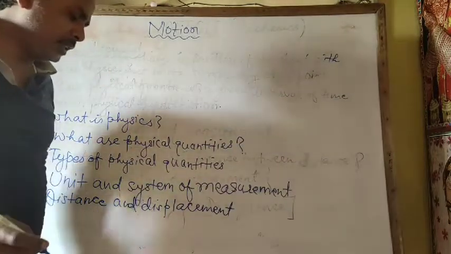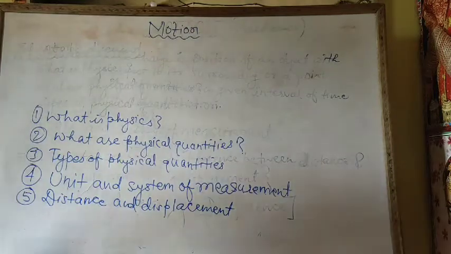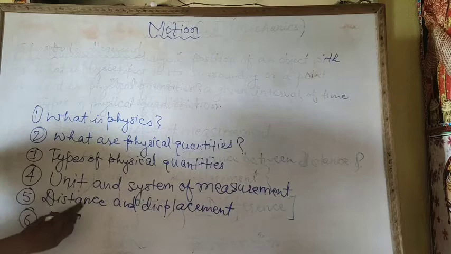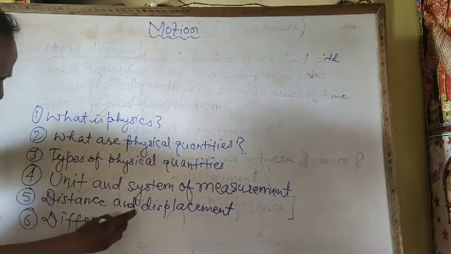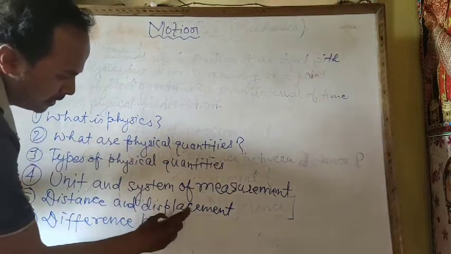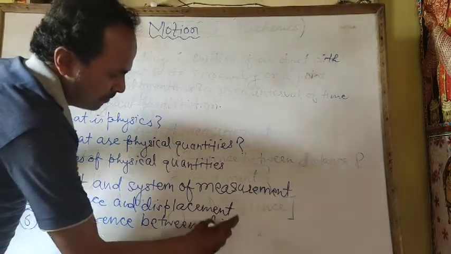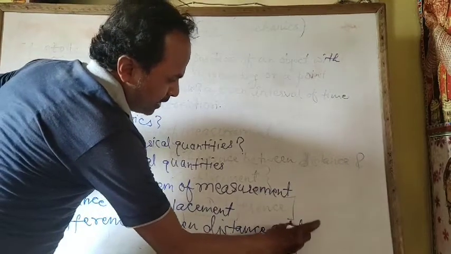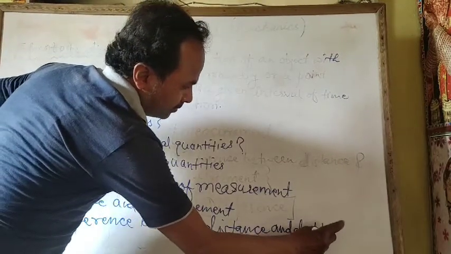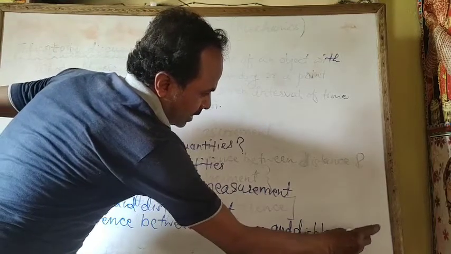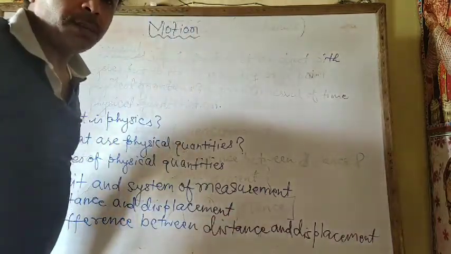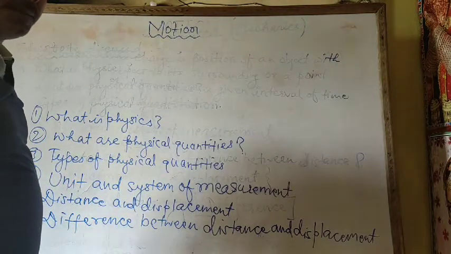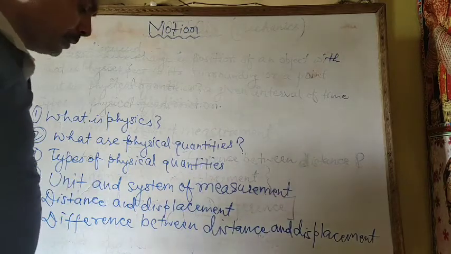After that, we'll learn about the difference between distance and displacement. One by one, we have to note it down and we will discuss it point wise, one by one.